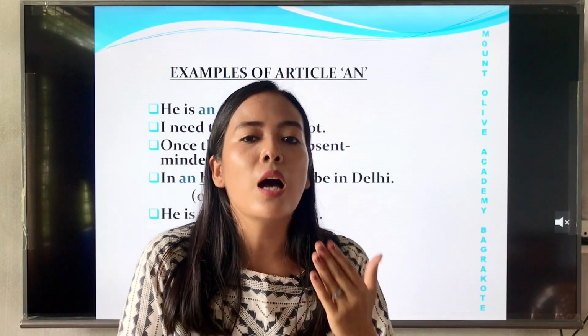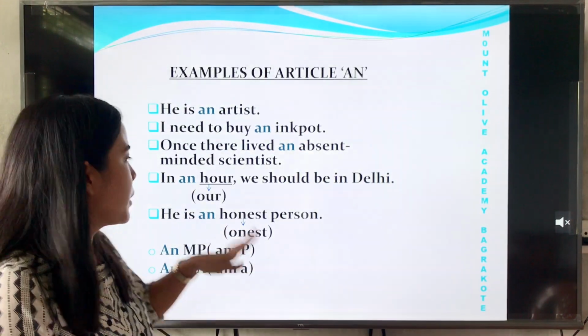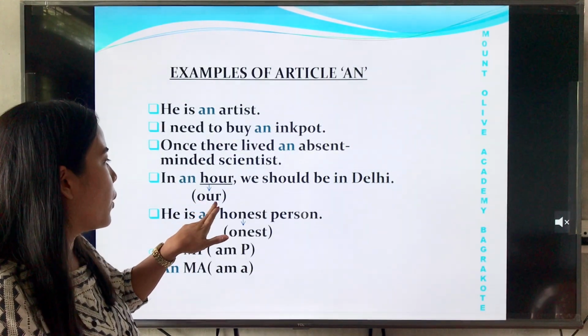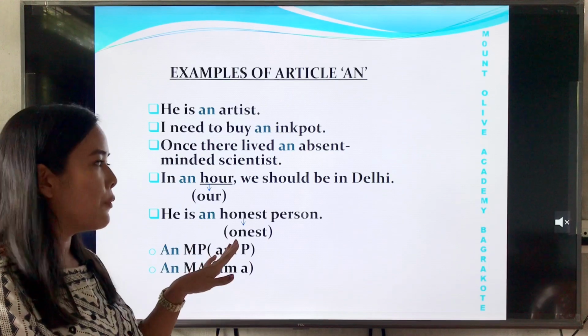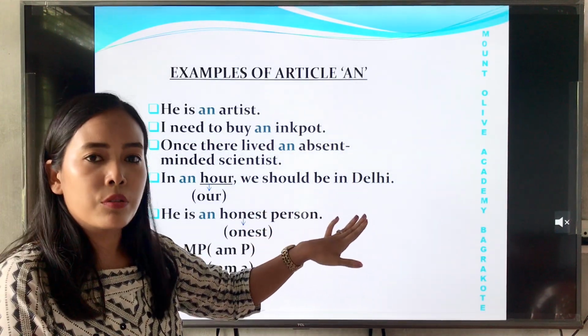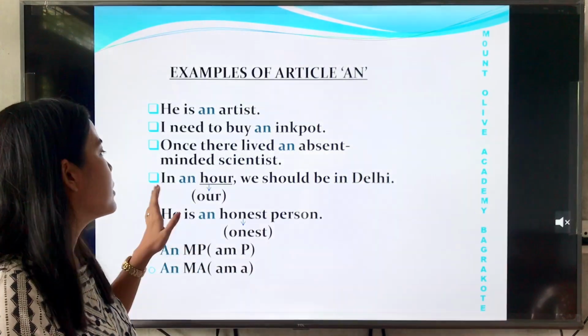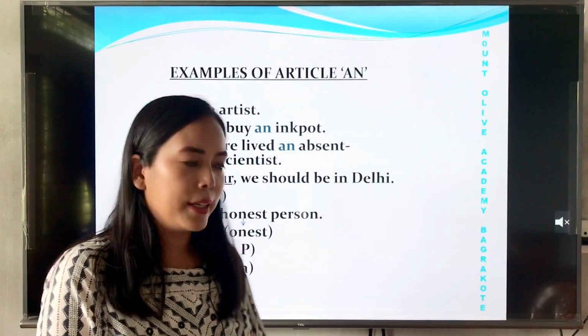We pronounce it hour. So it has a sound of a vowel because H is silent over here. So we will say an hour. We will not say in a hour we should be in Delhi, it will be an incorrect sentence. So we will say in an hour we should be in Delhi.